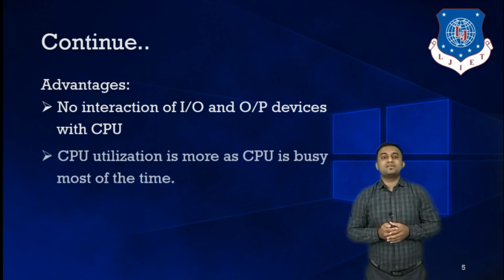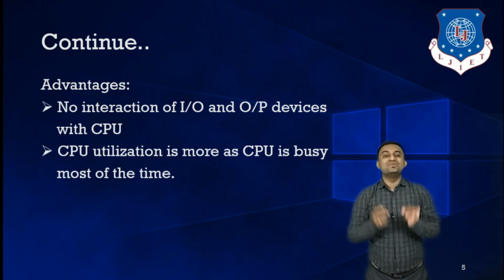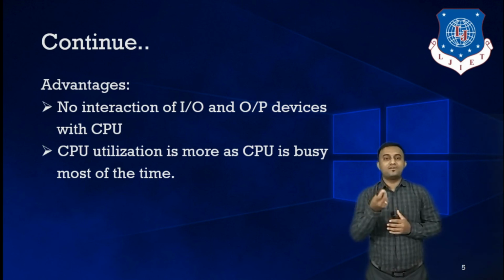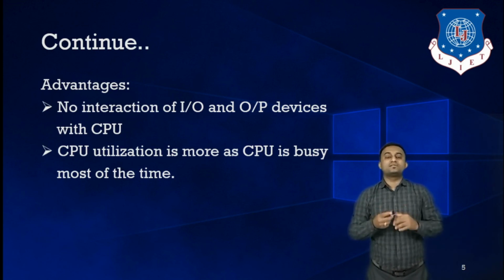Okay. The second advantage is CPU utilization is more as the CPU is busy most of the time. Yes. So the first point is relevant to the second point. Okay. So these are the main advantages of spooling.